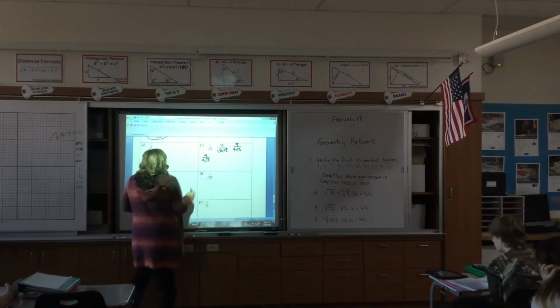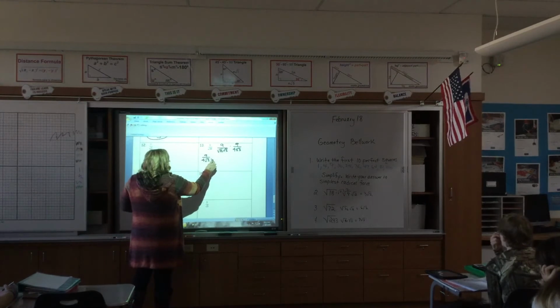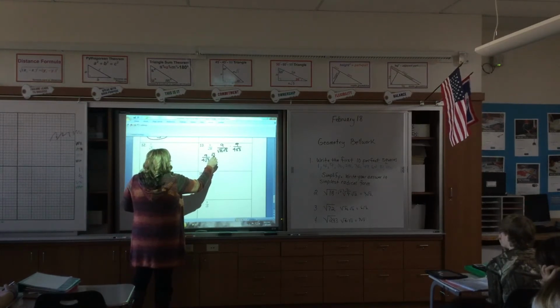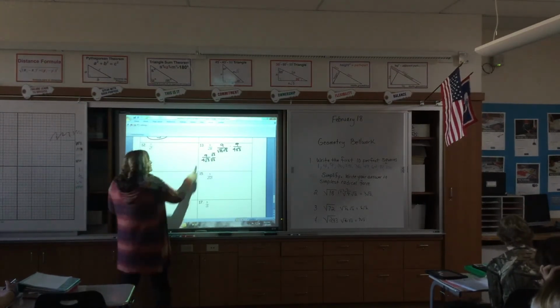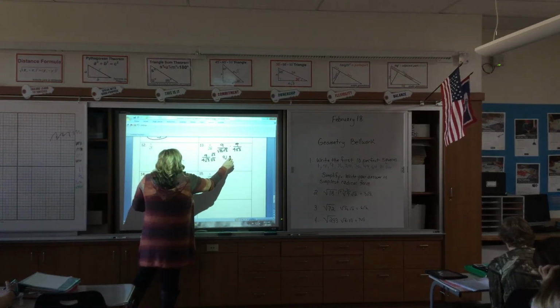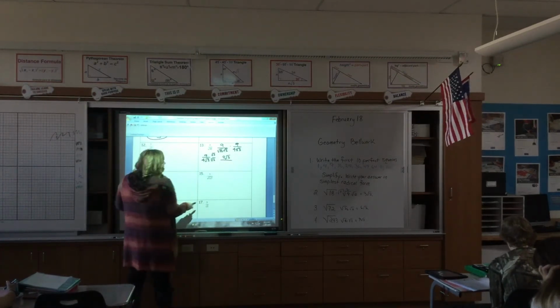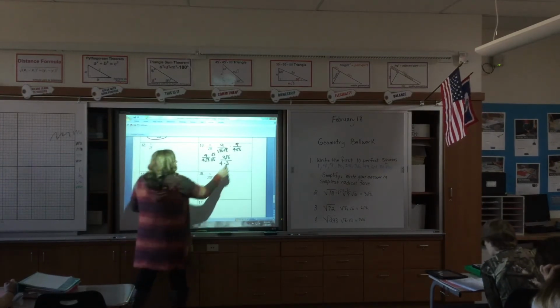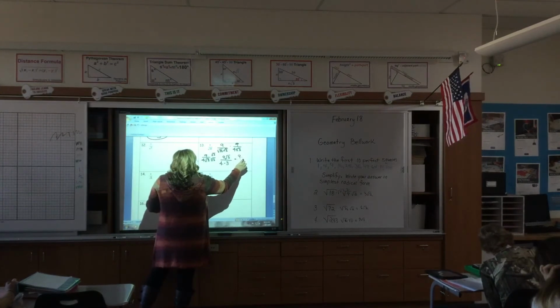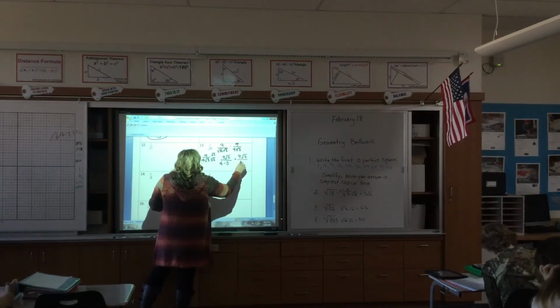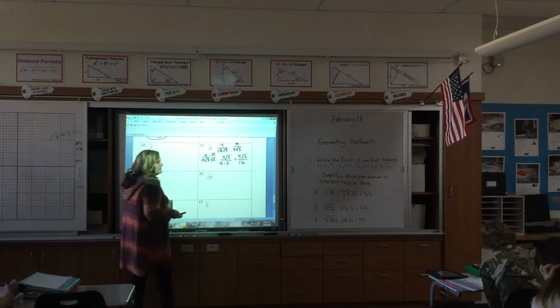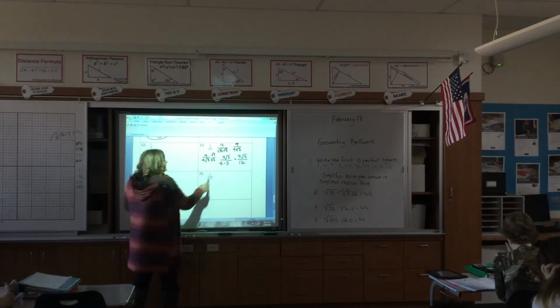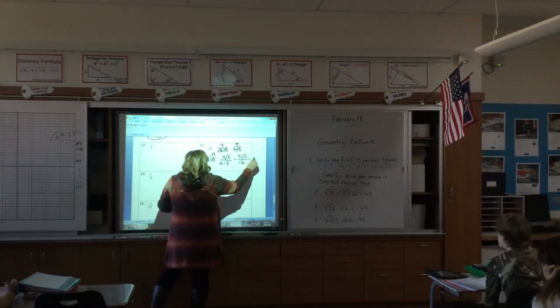So that's 9 over root 16 times root 3. Is that what it is? Okay, so that's equal to 9 over, not 16, 4 root 3. You guys agree? Okay, so I'm going to take 9 over 4 root 3, and I have to rationalize the denominator. So I have to multiply top and bottom by root 3.